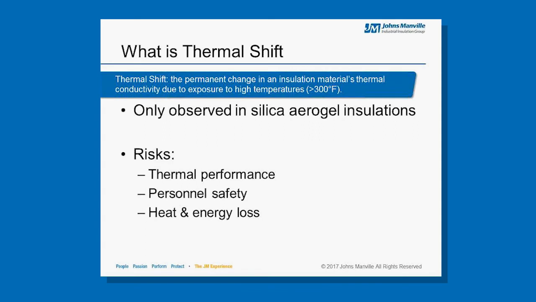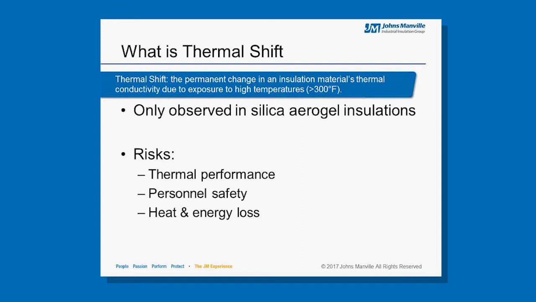So what is thermal shift? Thermal shift is a permanent change in insulation material's thermal conductivity because of exposure to high temperature. It's a function of temperature and time. At 600 degrees and higher, it happens very quickly. At lower temperatures, it happens slower. However, it is a measured and measurable shift in thermal properties.